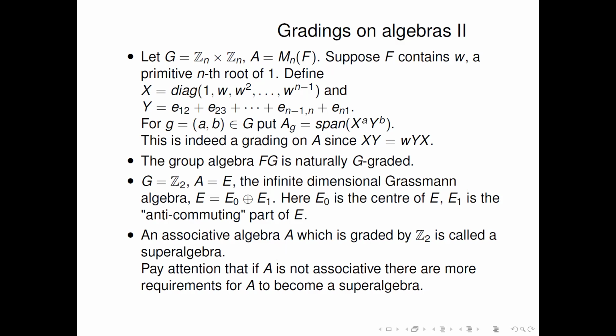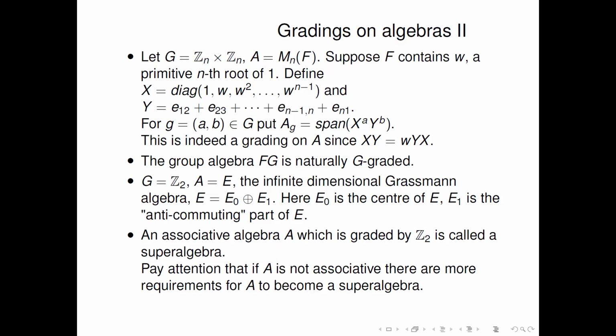Another important example is the infinite dimensional Grassmann algebra, E. It is graded by Z2. And here you notice the center, E0, and E1 is the anti-commuting part. I'm going to define them explicitly in the next slide.